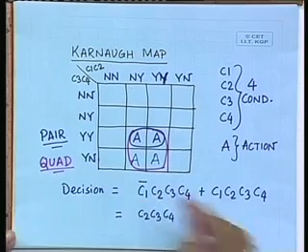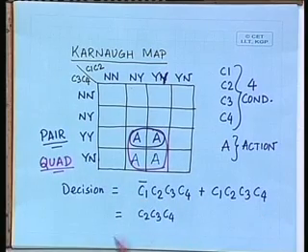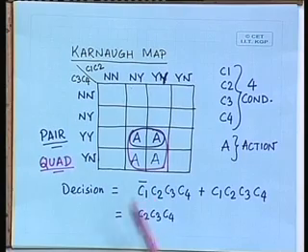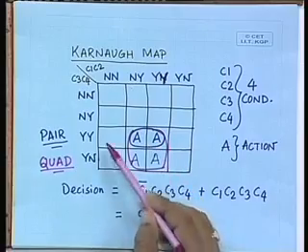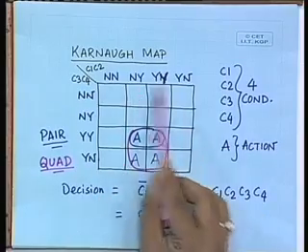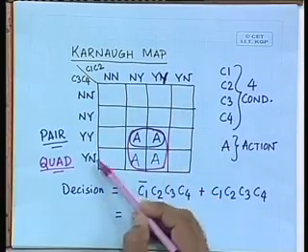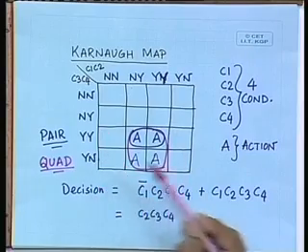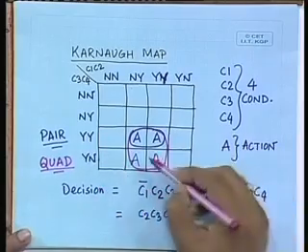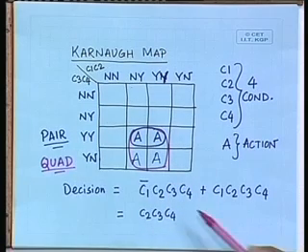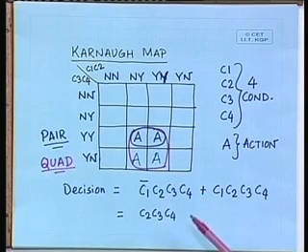Whenever a quad is formed, you can remove two variables. If you get a pair, you can remove one variable. If you get a quad, you can remove two variables. So, what are the two variables that you should remove? C1 and C4. Why C1? Because C1 is no and yes in both these, and C4 because again C4 is no and yes. So, the value of this quad is C2, C3.